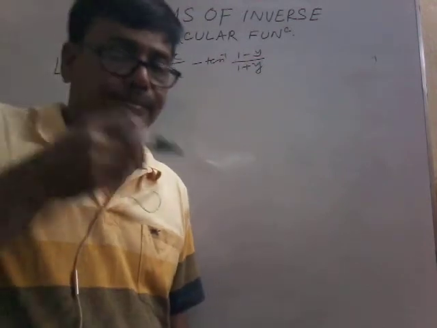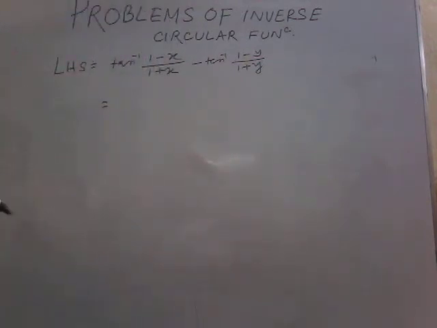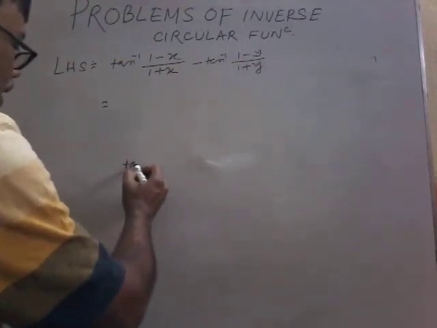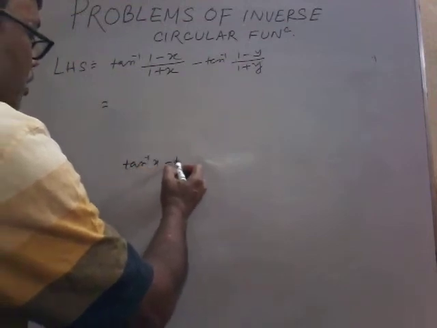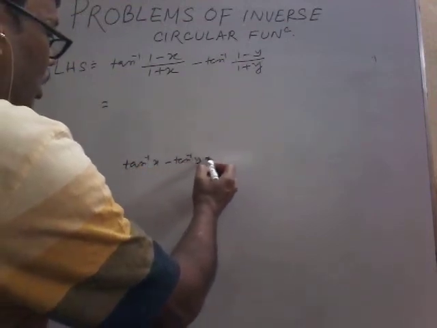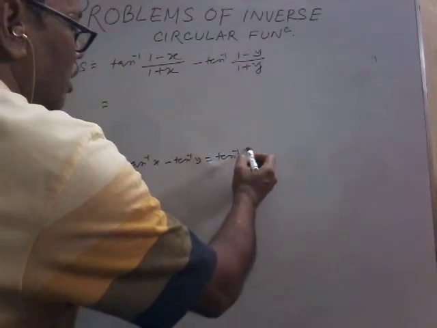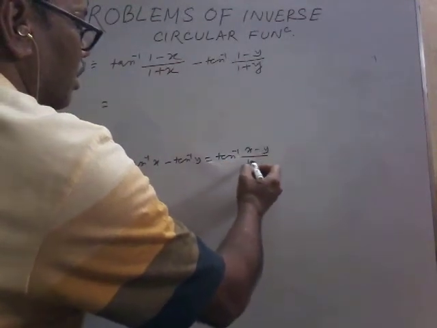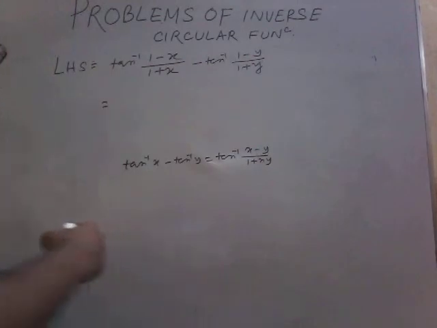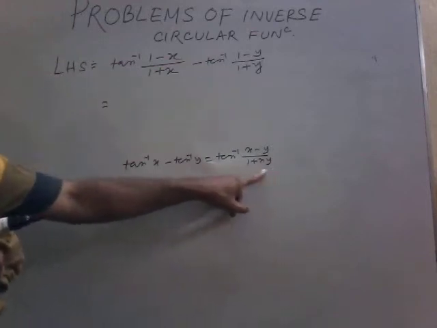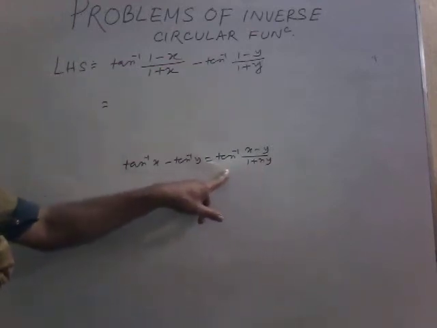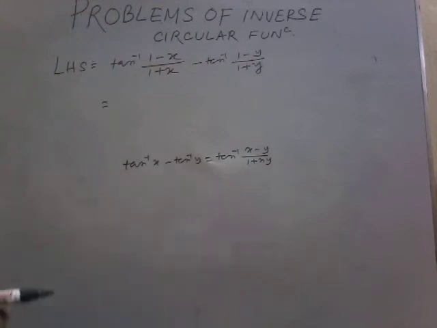Try to recall, what is the formula of tan inverse x minus tan inverse y? So the formula is like this one, tan inverse x minus tan inverse y. This is in compact form. You can write it into two parts.